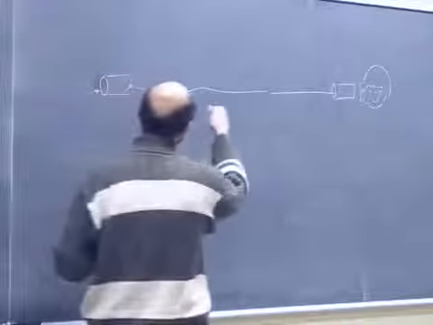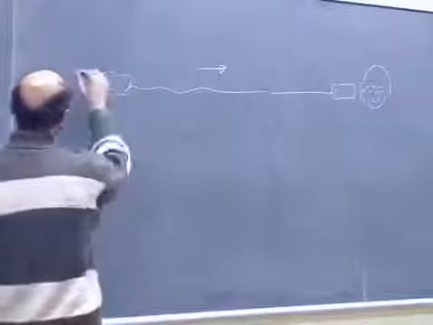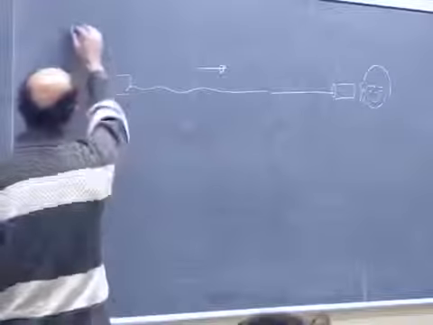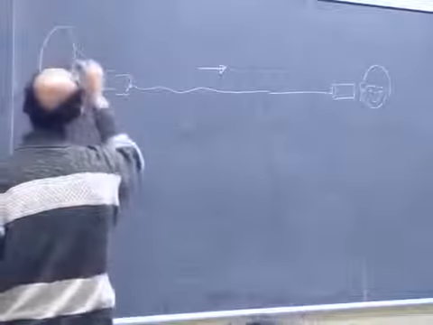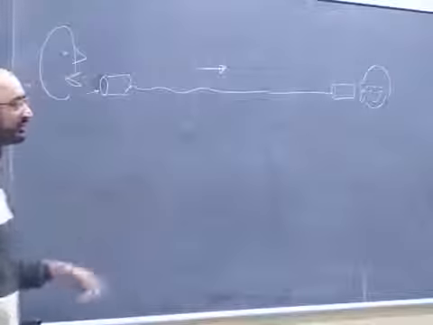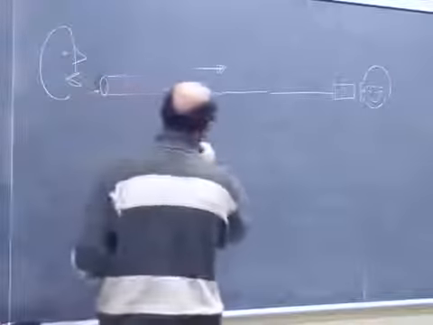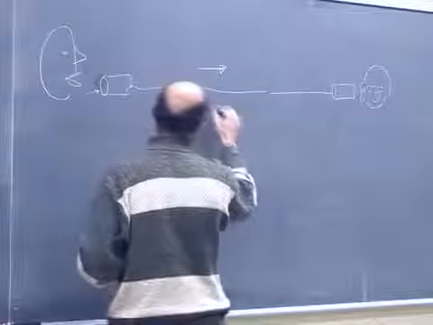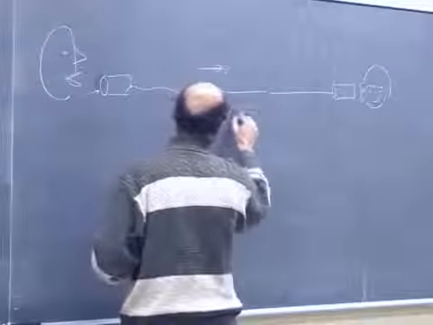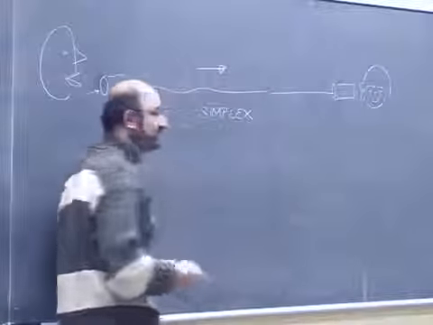One of the things is that it's unidirectional, right? So one person is speaking and the other person is hearing. So it's unidirectional. A unidirectional channel like this is called a simplex channel. And simplex means it's one way.